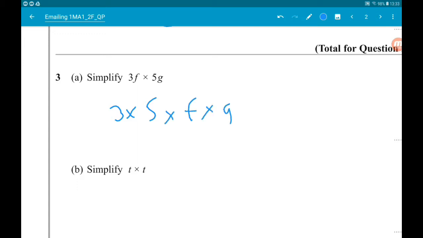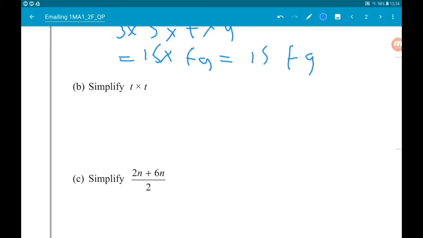Now, 3 times 5 is 15. f times g is fg. So 15 times fg can be written 15fg.